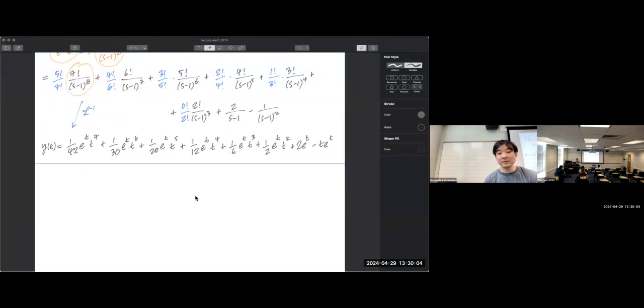I mean, you can simplify this a little bit by just factoring out an e to the t.